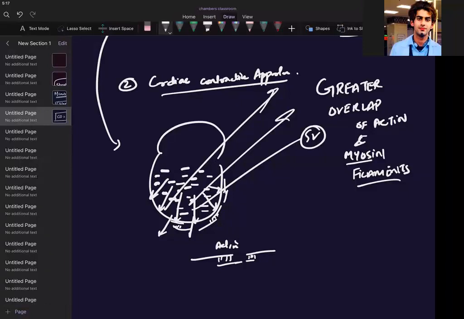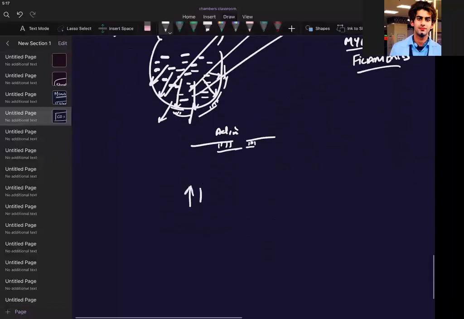If I ask you, if I increase the overlap, I will produce dash. Beautiful answer: force of contraction. That means in the end, more force.